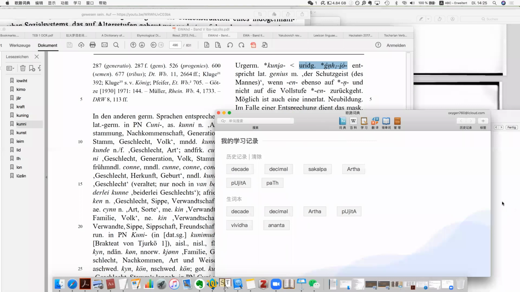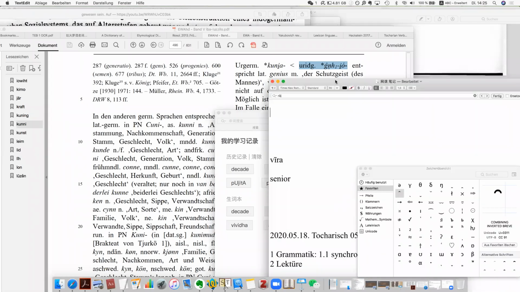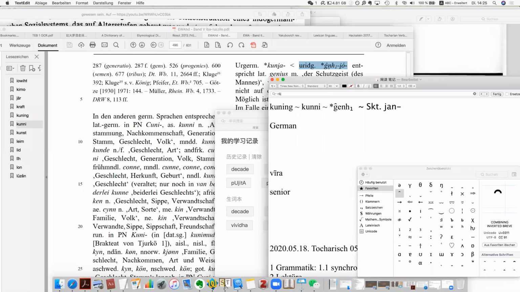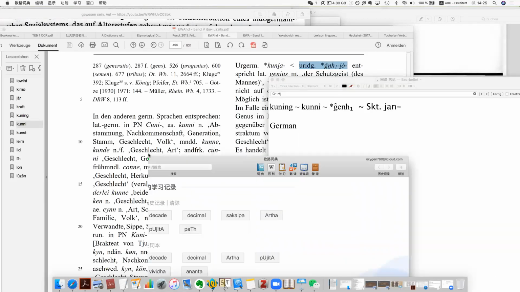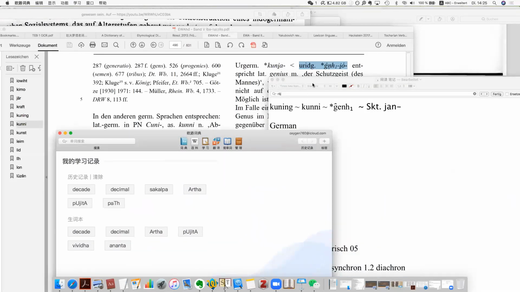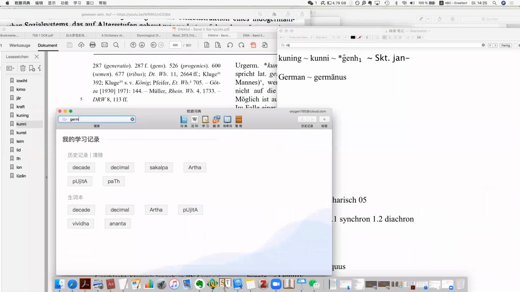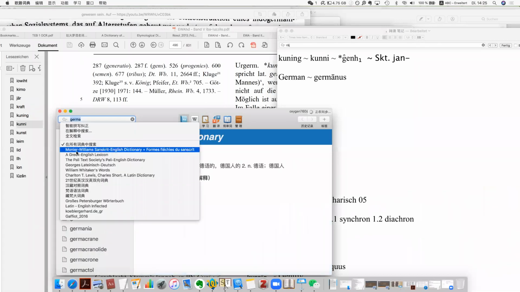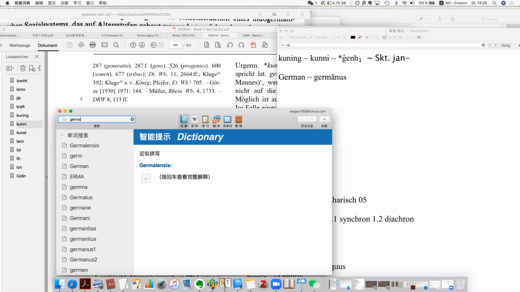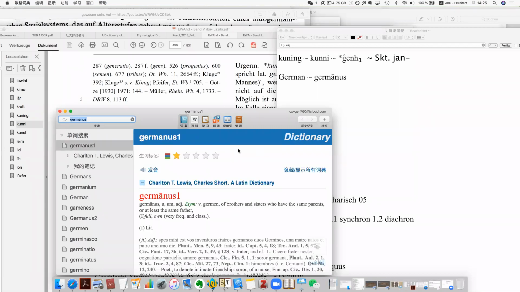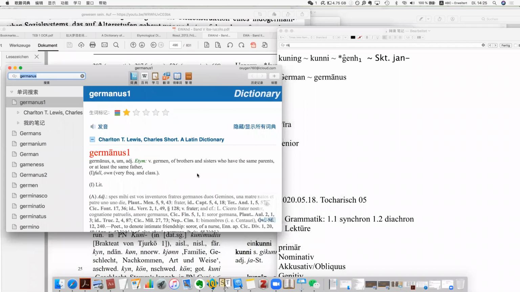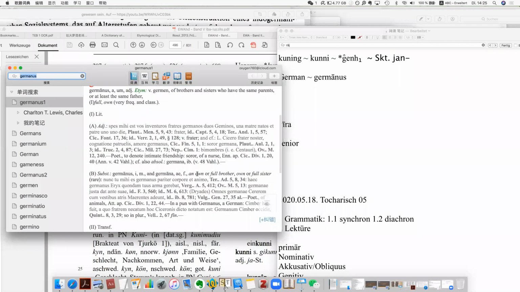Does anyone know what is the meaning of German? The meaning of German actually comes from the same root. If we check the Latin dictionary, there's a Latin word called Germanus. Let's check the Latin dictionary. Germanus.